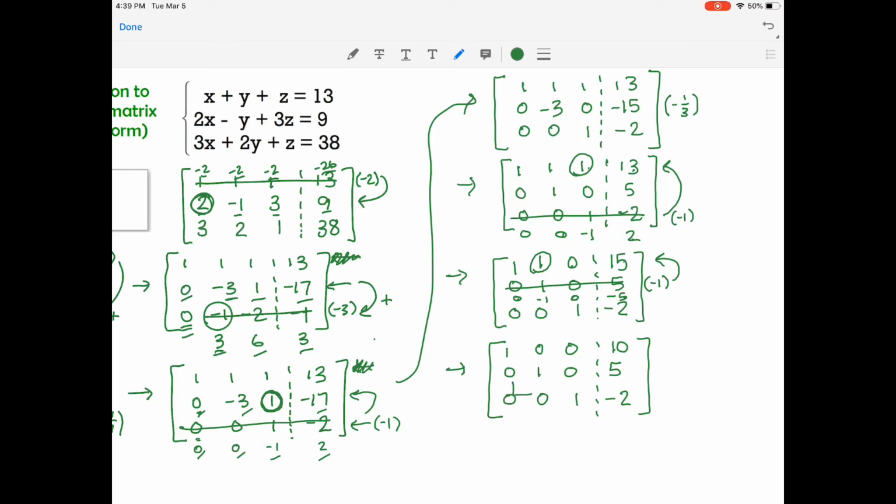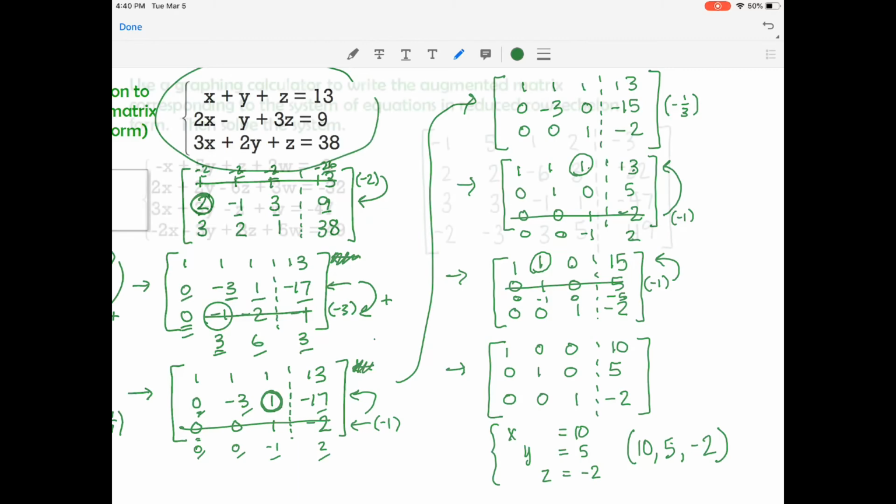It's got the 2 triangles of zeros, and it's got the 1 on the diagonal. Doesn't that even look like the identity matrix? That's exactly what we were shooting for. This stands for the system x equals 10, y equals 5, and z equals -2. If you want to write that as an ordered triple, you certainly could. And that's the solution to our original system.